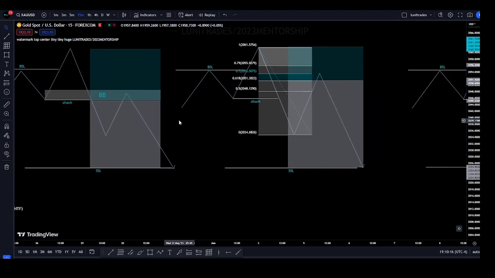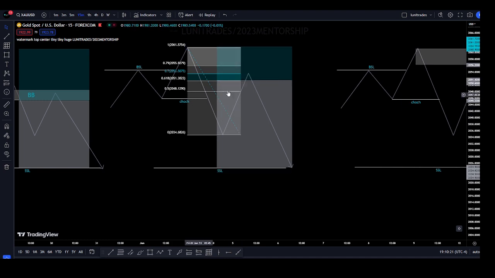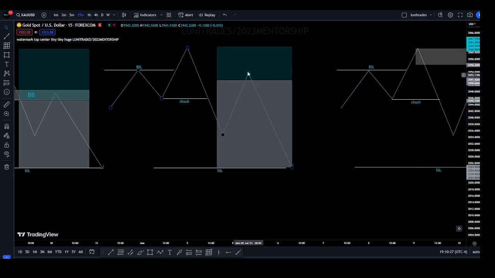Now the next is your optimal trade entry. I want to explain this. Let me take off this too so you can understand. So how did I get this point? Because see, there's nothing on this leg. You'll be confused: okay, it's not entering the fair value gap, I'm not entering my breaker block, so how did I get this point?